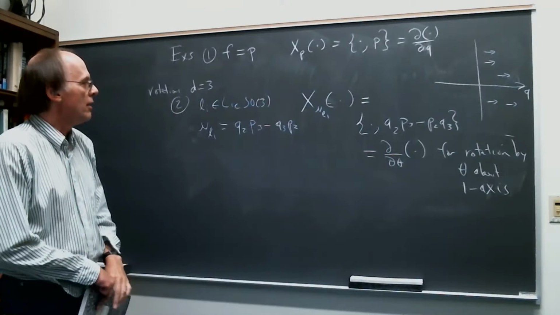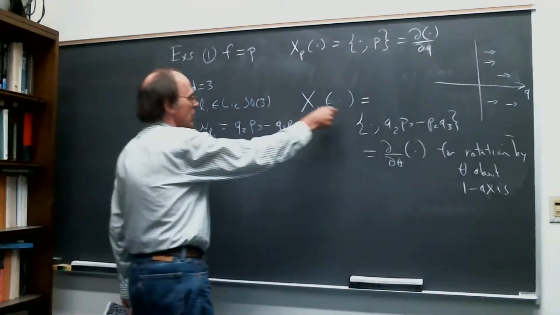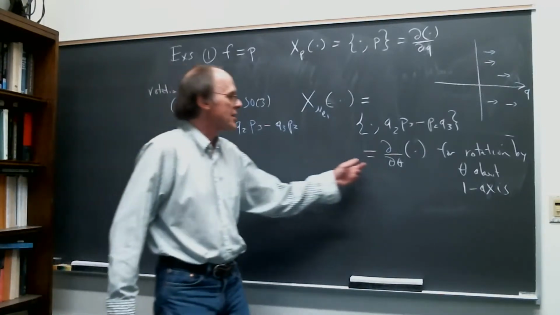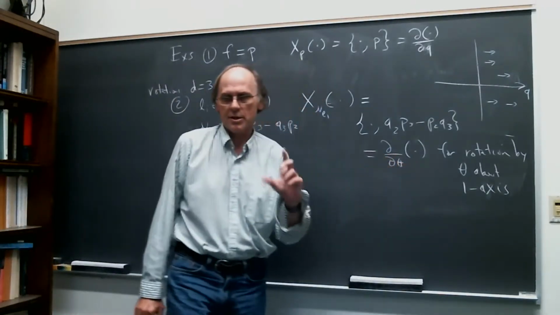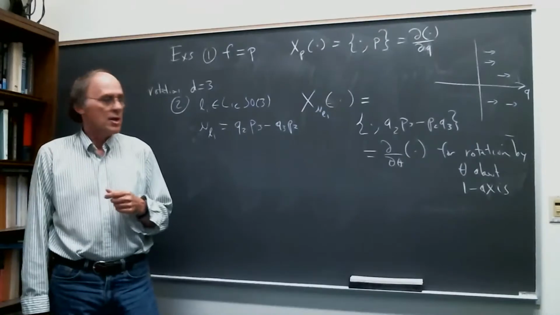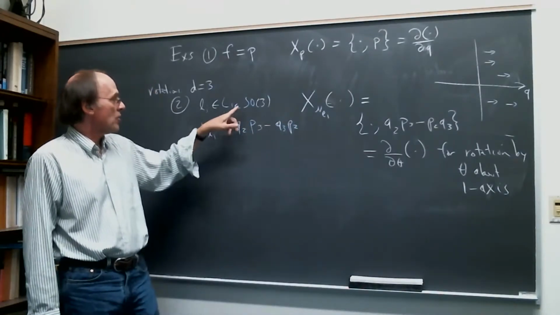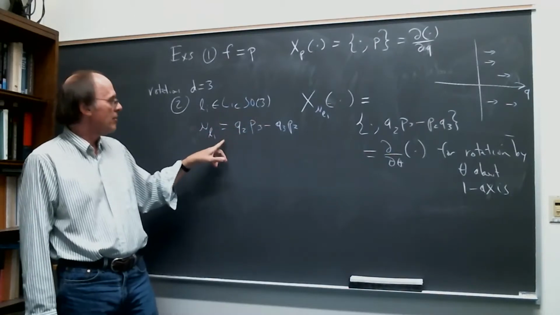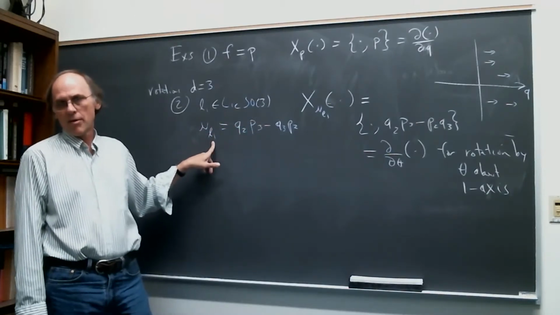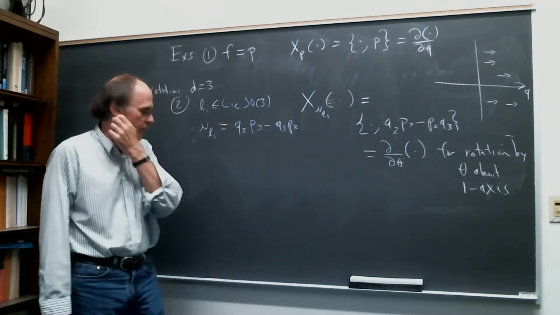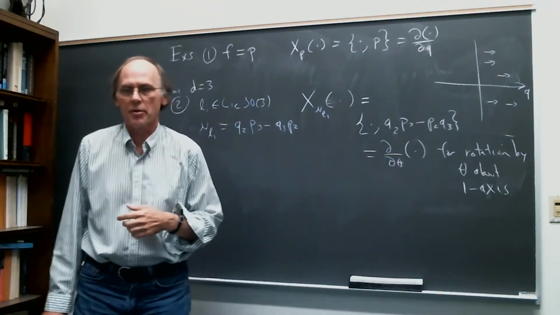But the very non-trivial thing that happens here is that rotations about different axes don't commute. This corresponds to the fact that the Poisson brackets of these moment map functions for the various L sub i satisfy the Lie algebra relations for SO3.